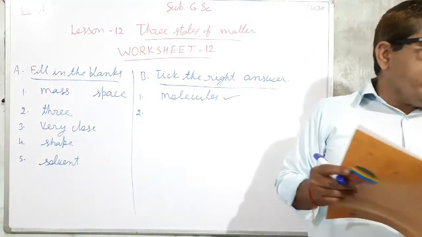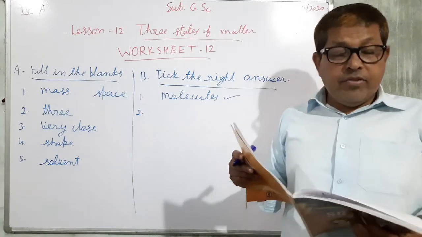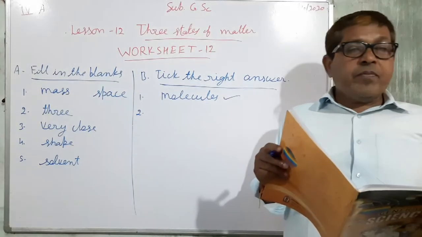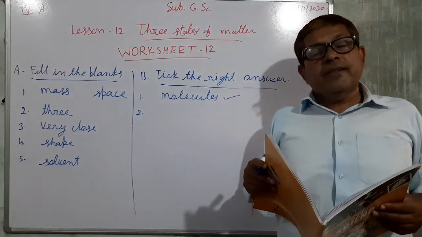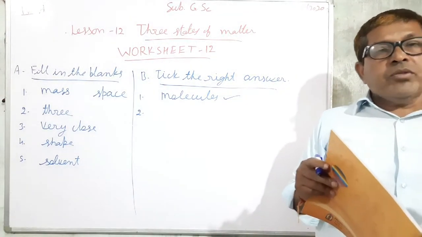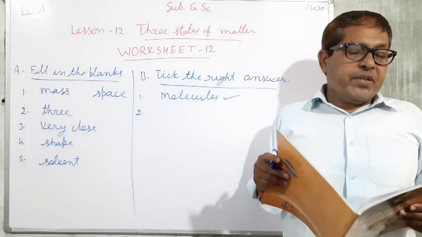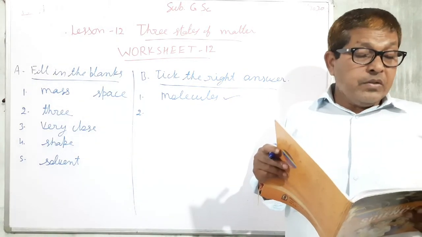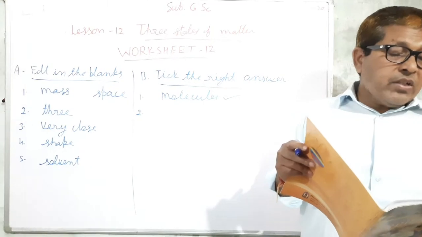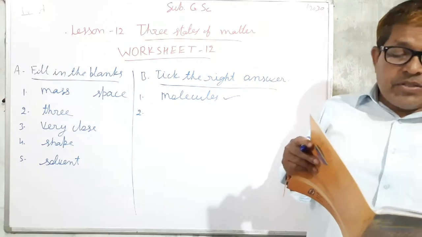And second, what shape is a liquid? Three options are there. The shape of a liquid is according to the shape of the container in which it is kept. The options are sphere, solid shape, and the shape of its container.